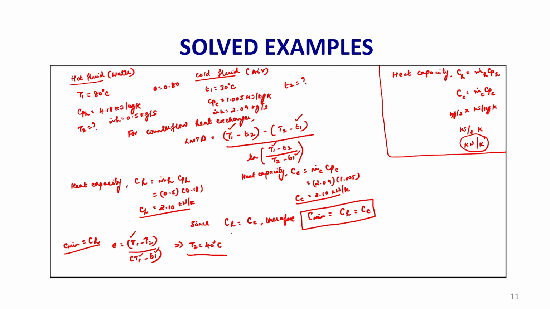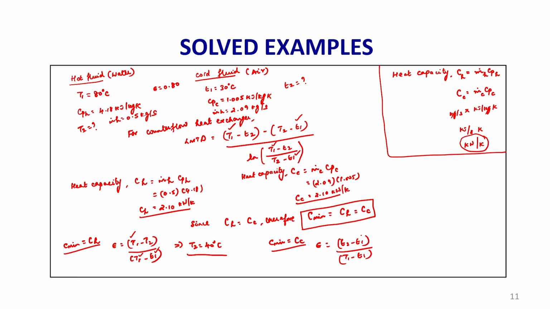So, the actual heat transfer for this case is that the hot fluid is cooled from 80 to 40, but it can be cooled to a lowest temperature of 30 in this example. So, this is T2. Similarly, C minimum is equal to Cc because the heat capacity is the same for both fluids here. Using this formula, we write the effectiveness formula as small t2 minus small t1 divided by capital T1 minus small t1.